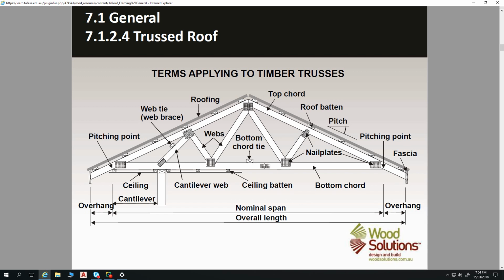Those chords are joined together with webs that act both as bracing and as struts in various different wind loadings, and they're tied onto the top chords and bottom chords by nail plates. Beyond that, the other terminology should be fairly familiar.